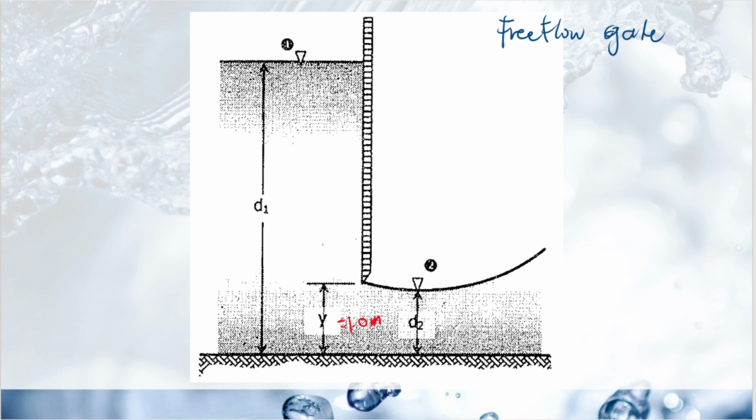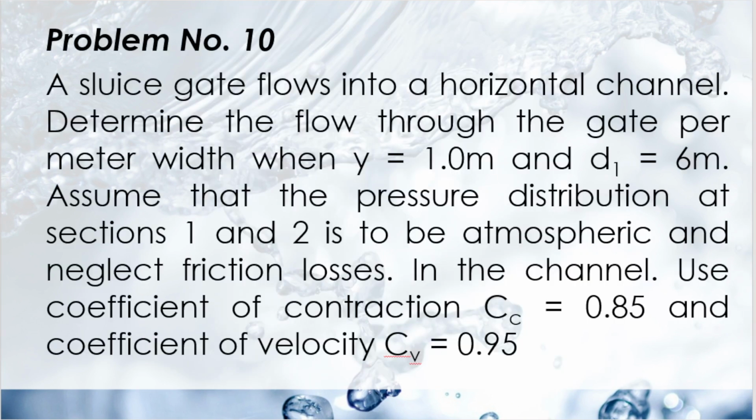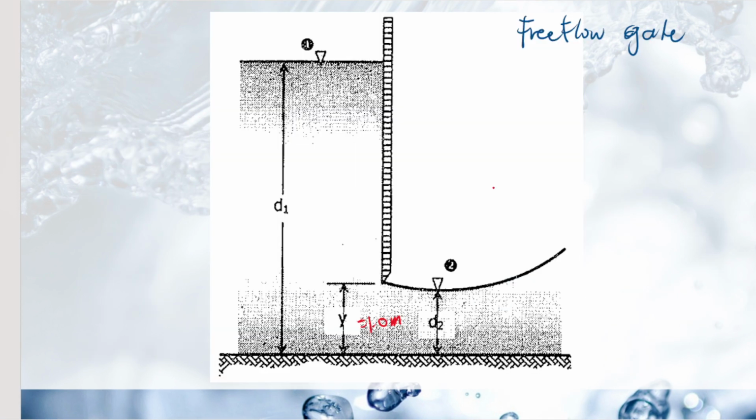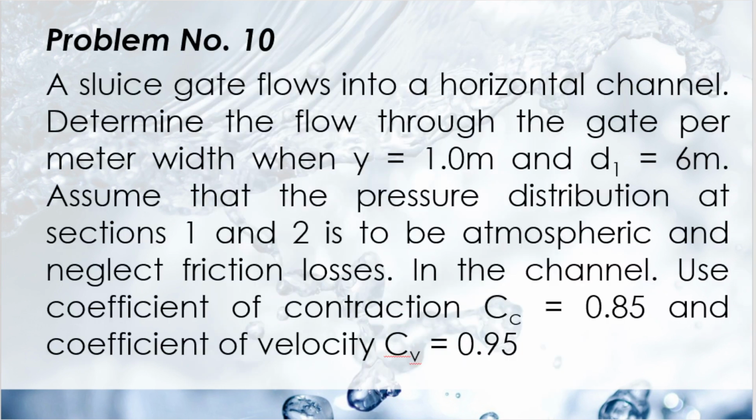What else? We have the value of d sub 1. Now we have d sub 1 as 6 meters. So d sub 1 is 6 meters. What else is written in the problem? Section 1 is to be atmospheric, so P is equal to 0.